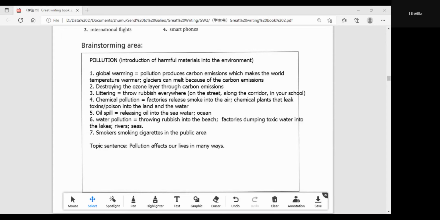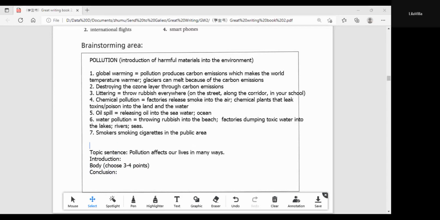Okay, that's good. So now what you need to do is to come up with an introduction, and then come up with the body. Choose 3 to 4 points to focus on, and then you have to come up with your conclusion. So you can build it around your topic sentence, and this is going to be your homework.